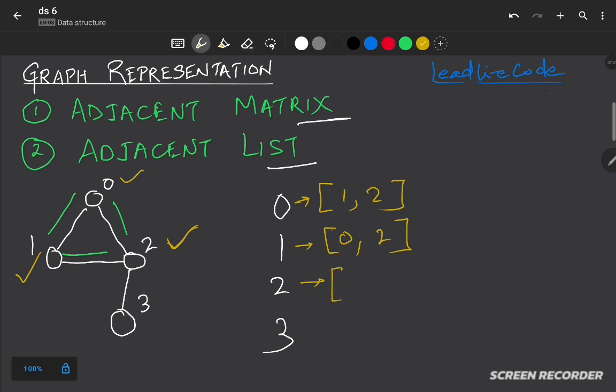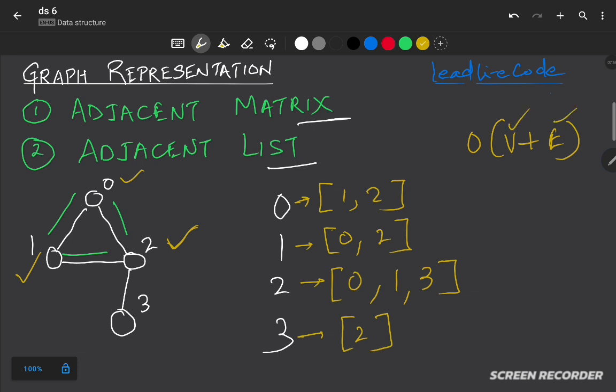And 3 is connected to 2. So yeah, very simple. Basically it is showcased as a list. Here the space complexity is O of V plus E, because it takes the vertices and the number of edges into account.